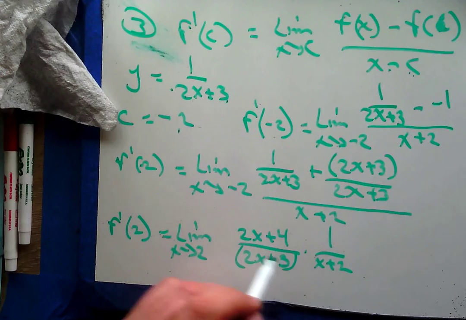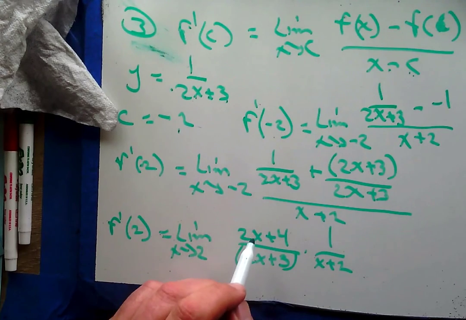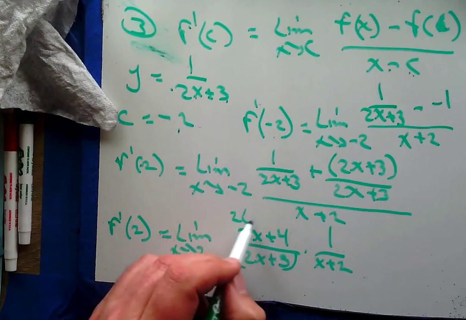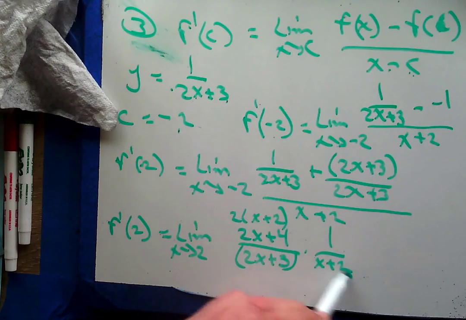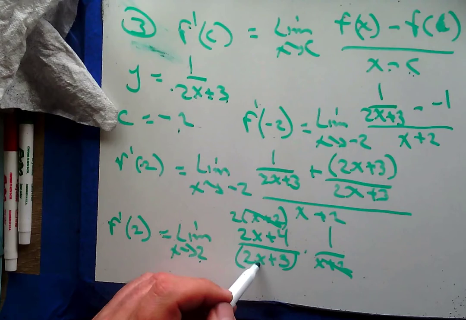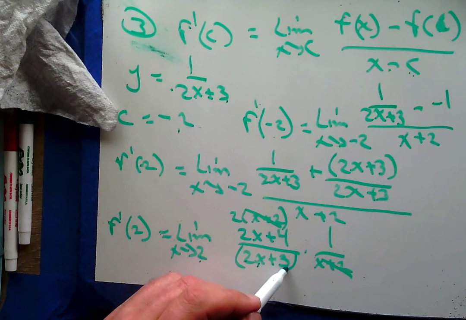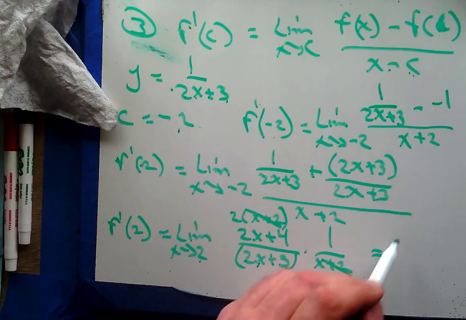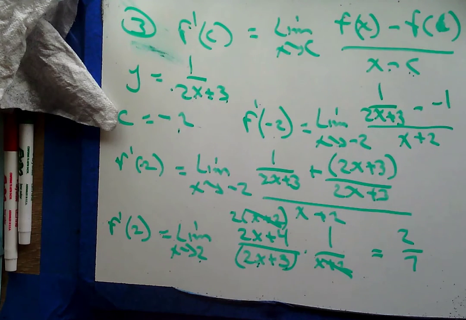I'm doing the flip and multiply thing. You also notice over here that I could factor out a 2, so that will cancel out. When I plug a -2 in now, 2 times -2 is -4, -4 plus 3 is -1, and I have a 2 on top. So f prime of -2 equals 2 over -1.